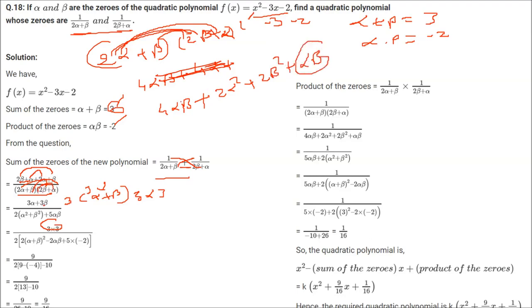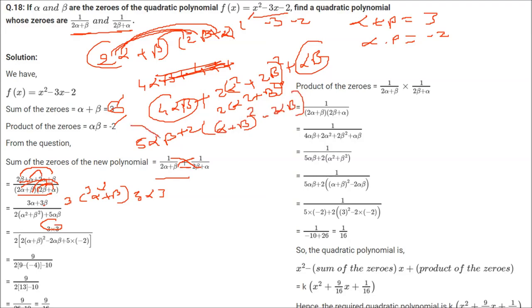Now this is alpha beta, this is 4 alpha beta, so write it as 5 alpha beta. Take 2 common here, you get alpha square plus beta square. And we know how to write alpha square plus beta square. This will be alpha plus beta whole square minus 2 alpha beta. Now alpha plus beta is 3, put a 3 here. And alpha beta also minus 2 here. So when you put this value, you get a denominator like this one. So 9 by, this whole will be 16. So 9 by 16 is your denominator.